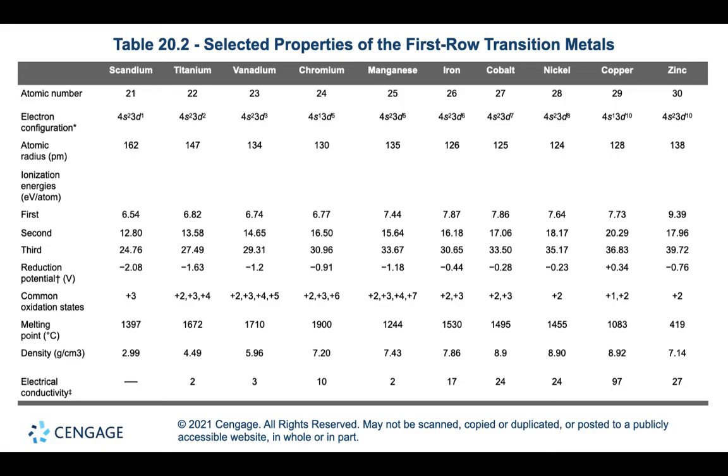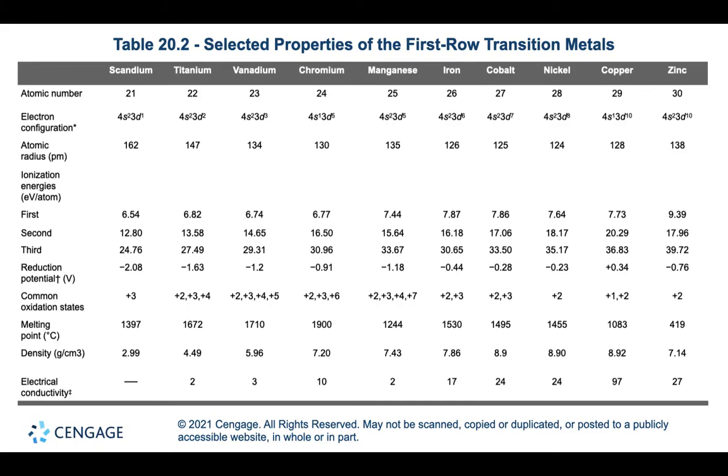And then we have our melting points, which have to do with how strongly the atoms hold together with their metallic bonds. Their densities, and you might see there is an inverse relationship between atomic radius and density.